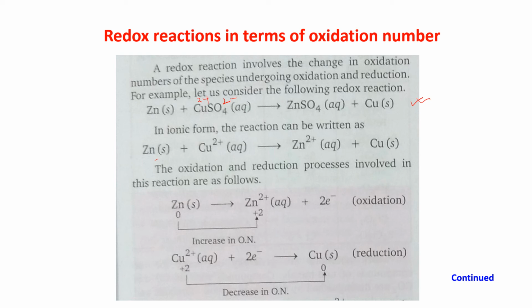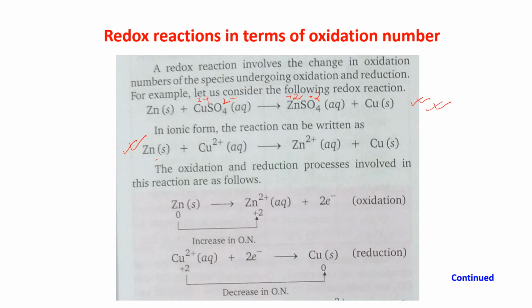Now ZnSO4, SO4 2 minus and Zn is 2 plus. So I have written Zn2 plus and then Cu. I have written it separately in the ionic form just to show you. But when you do the reaction in molecular form also, you can write the oxidation number at the top.